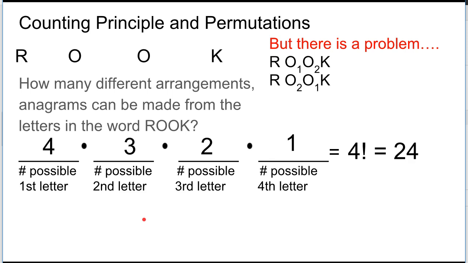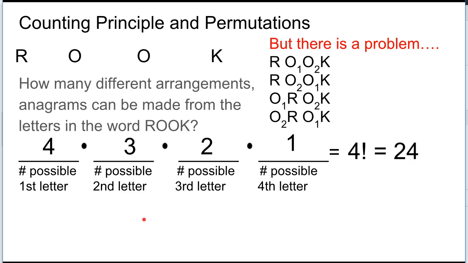The reason is I've got identical objects among my objects. So another way I could do this is I could rearrange the R and the K. And again, if I have the first O and the second O and I switch them, I've arranged letters, but the word is still the same. So the problem is, because I've got some identical letters, when I rearrange the identical ones, it doesn't change the word.